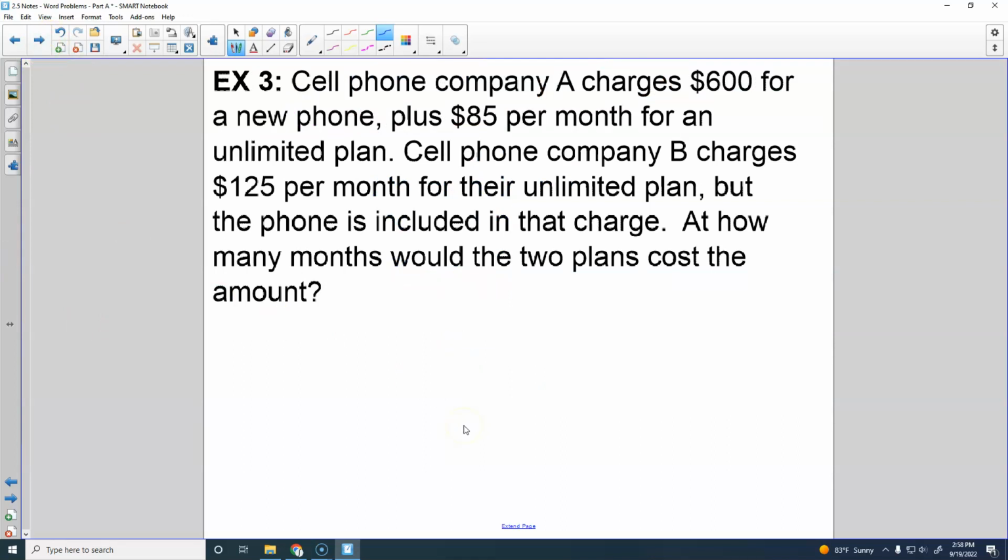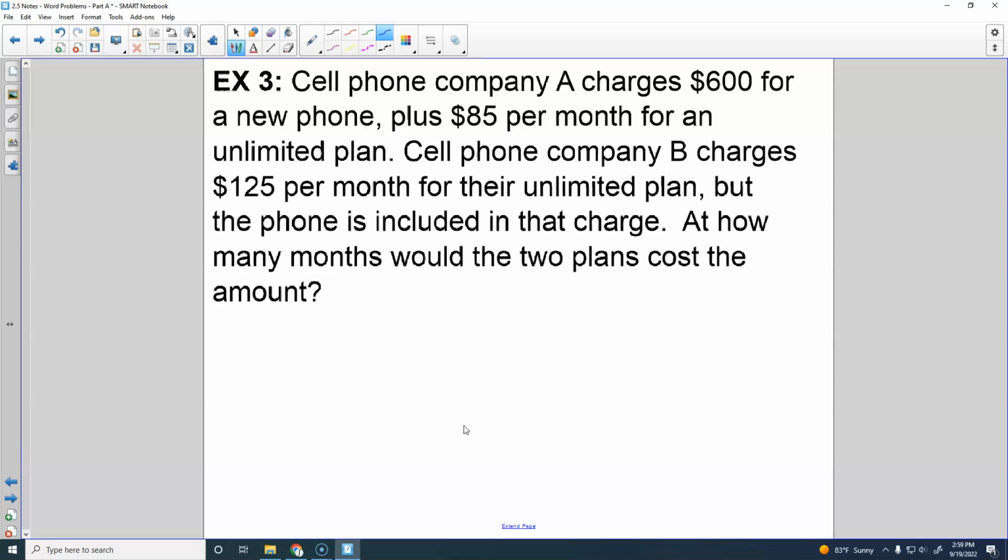Now, this is a reality if you go get a cell phone, right? For most plans, you have the option of either outright buying the phone and then your bill will be lower each month, or they let you roll the cost of the phone into your bill each month, right?